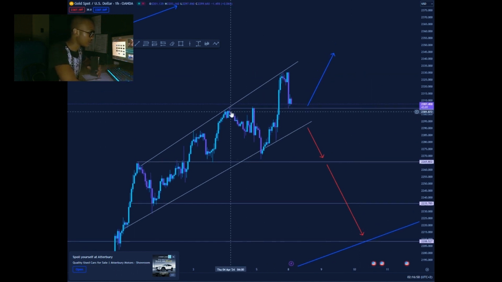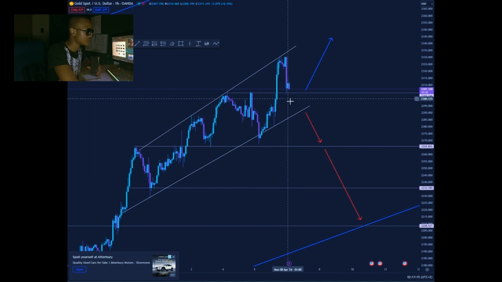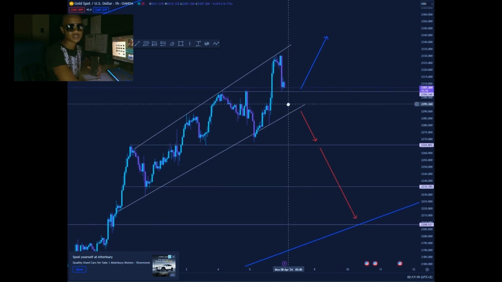So looking at that, we've seen that gold has broken the previous highs, forming a new higher high, right? We've broken this nice resistance. Now it became a support. Anytime we break below this, it's now becoming a resistance.